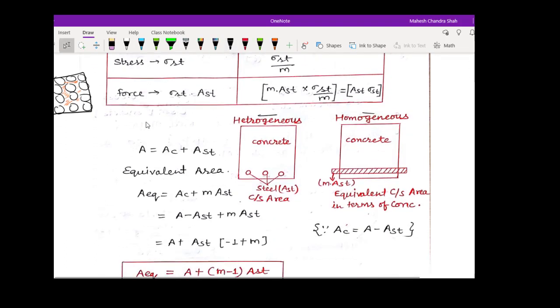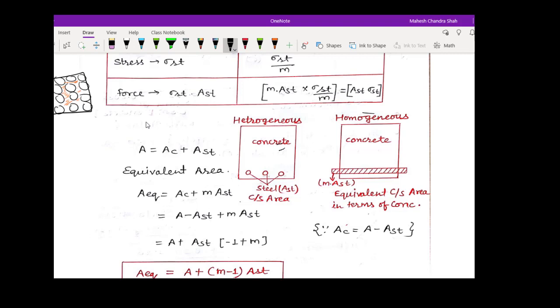You can see that the total area of this section is equal to the area of concrete, which is here, and the area of steel, which is here. So the total area comprises concrete and steel. When we convert this whole area into a homogeneous area, we remove this steel and place a bar of concrete.